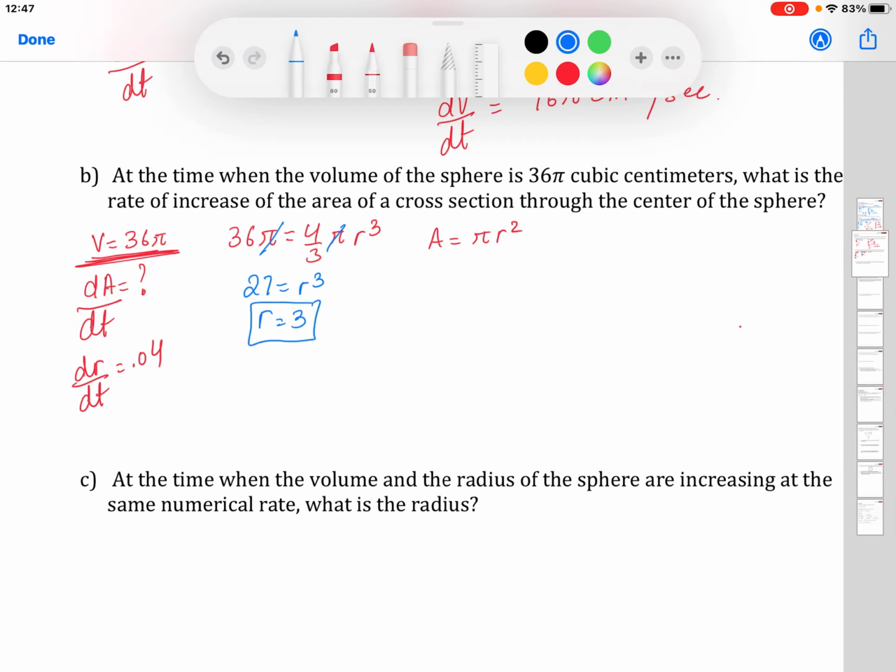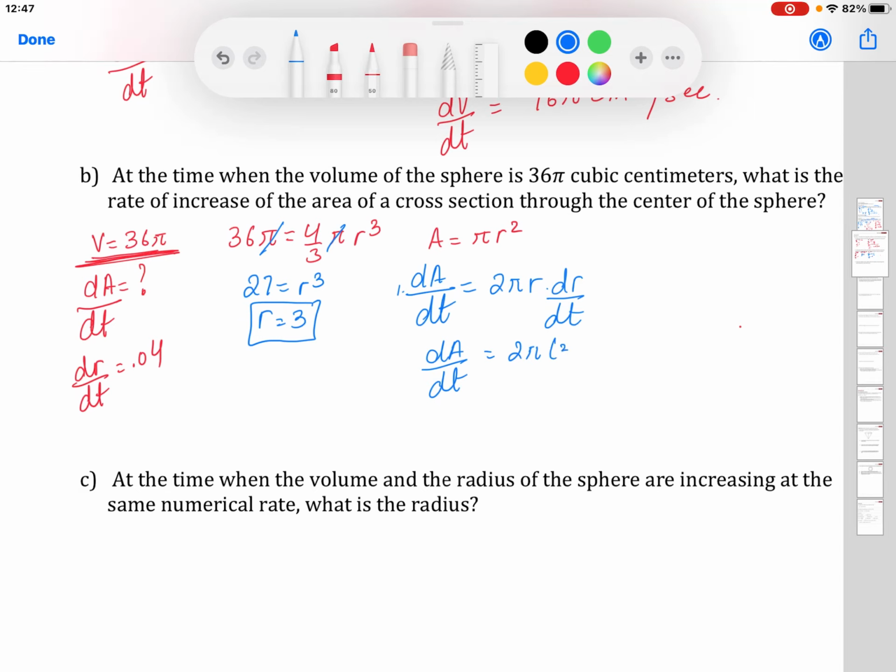Now I'm going to take the derivative here. It's dA over dt. It's basically 1 times d over dt. Do we all understand that? Right? So 2 pi r dr dt. So now all you're doing is substituting in: dA over dt equals 2 pi. What's my radius?